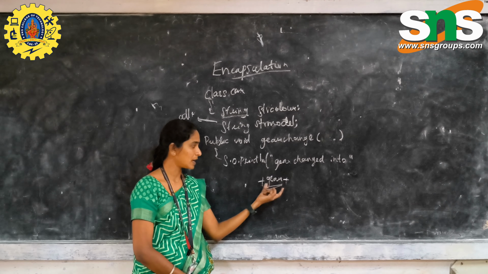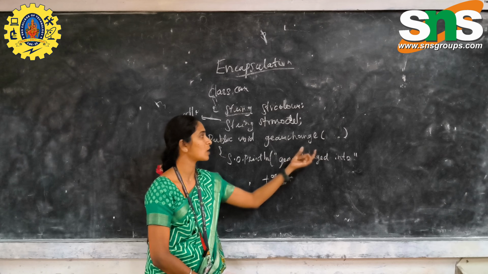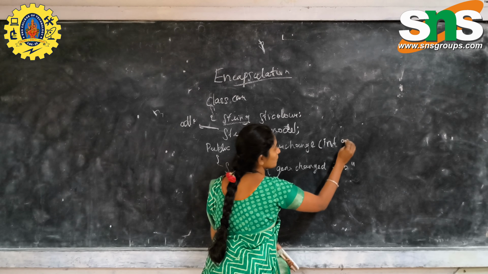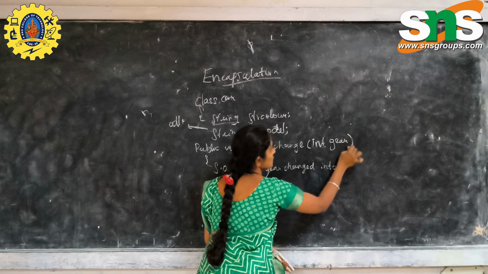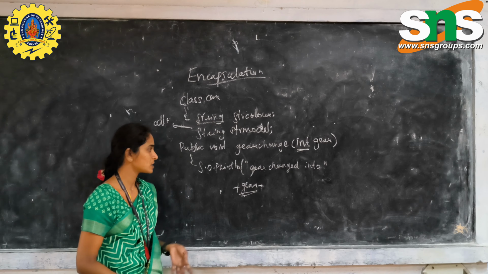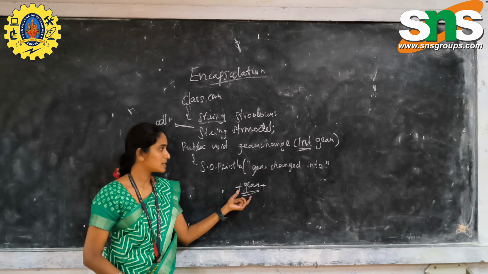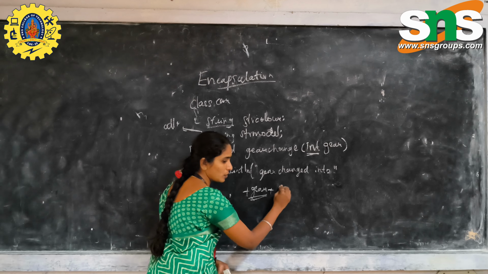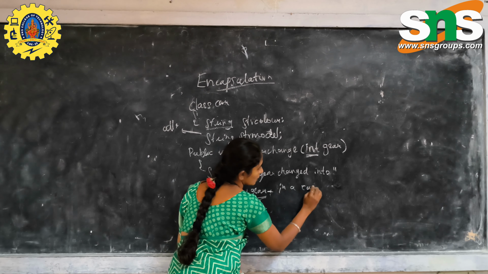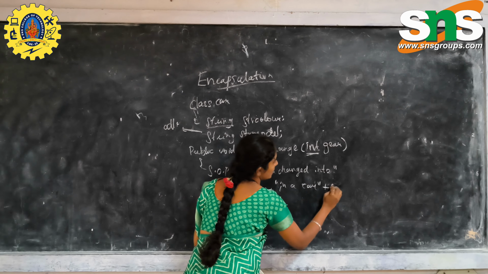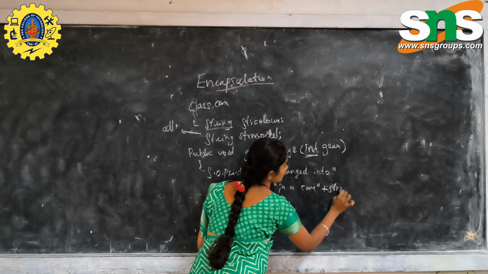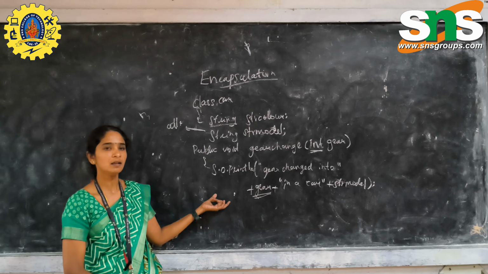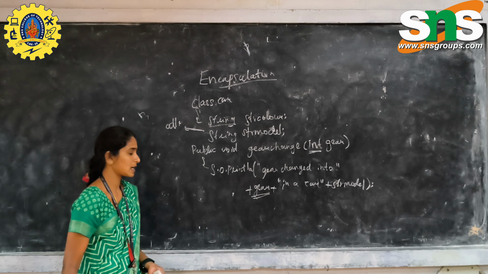The next one is gear plus gear, so this value will be incorporated inside the method: int gear. The value data type is integer. This value will be passed in the main class. So, gear changed into gear in a car plus str model. This is my method which has to be defined.